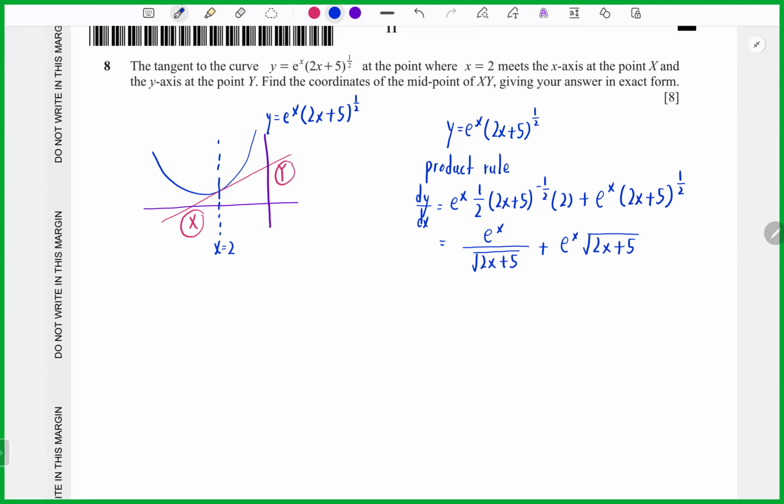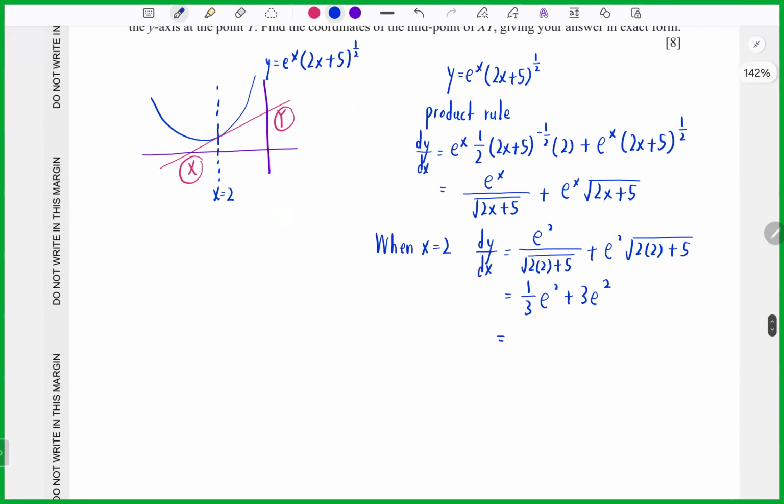So now we try to find the value of dy/dx. When x equals 2, dy/dx equals e squared over the square root of (2 times 2 plus 5) plus e squared times the square root of (2 times 2 plus 5). So here actually you get the square root of 9, right? 1 over 3 e squared plus 3e squared.